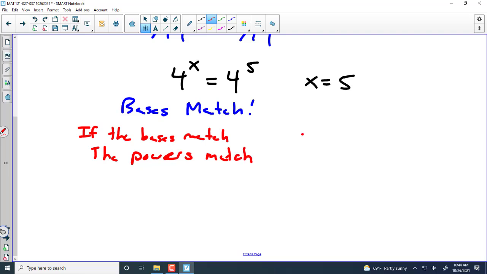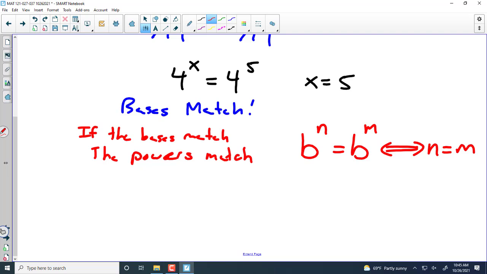In other words, if you know you have b to the n equals b to the m, that actually implies, and it goes both ways, that n equals m. You can take that to the bank, everyone.